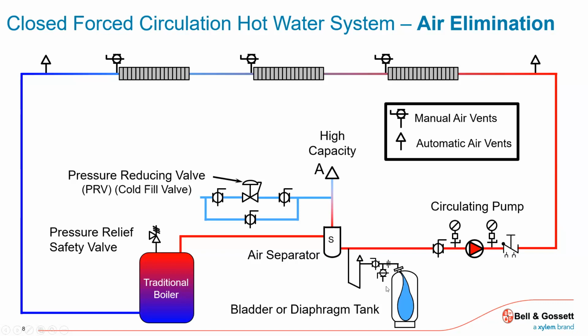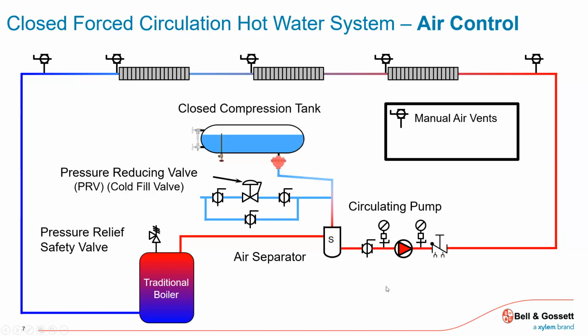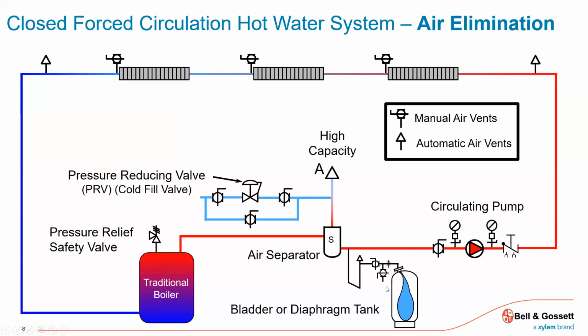So now I'm going to have some type of air separating device. And instead of this last picture, which showed that air separating device taking that air and directing it up, I now want to put a high capacity vent, get rid of it. As soon as it's released, because of the water being hotter, air bubbles coming out, get rid of it. Might even have a couple of float vents at the very high point of our system.